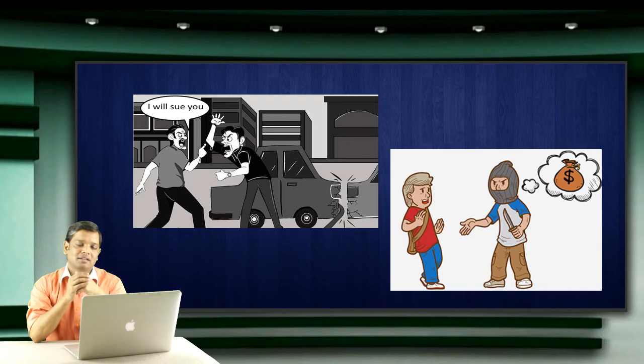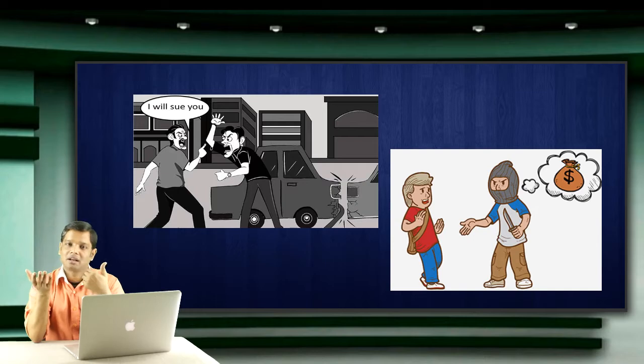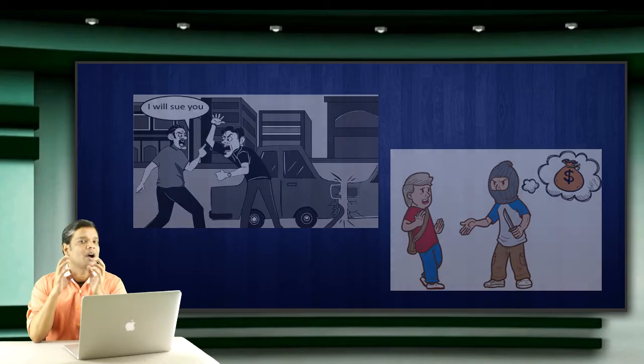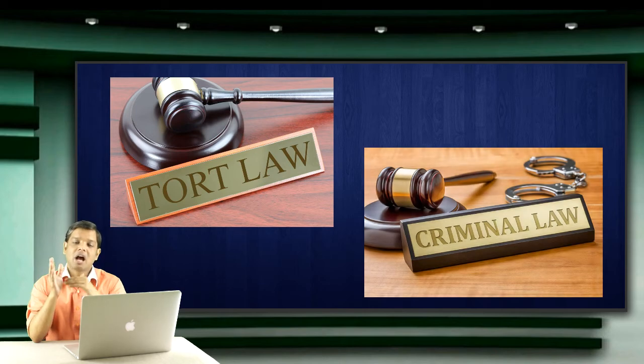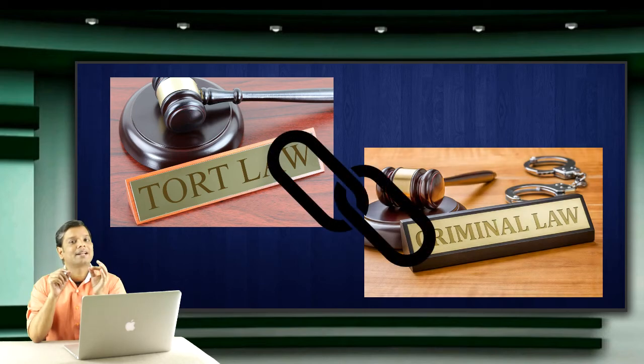We cannot compare a bird with a reptile because they are two different species, but of course we can compare two reptiles or two birds. So first you need to understand how tort and criminal law are related. That's why we are differentiating these two terms.